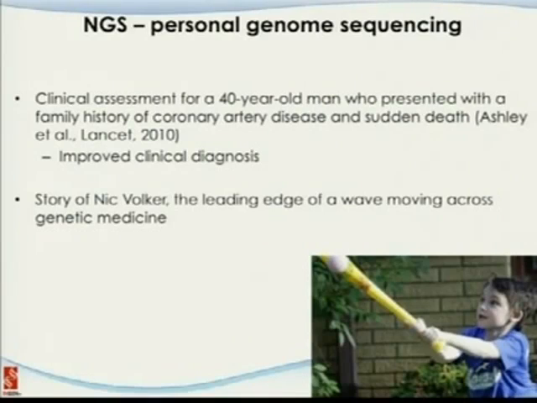And we also talk about the personal genome sequencing part, and this is not really on the research part, which is identify the genes that respond to certain disease. This is for the application. So the first one we talk about is a 40-year-old man with a family history of heart disease, but this is a general healthy person.